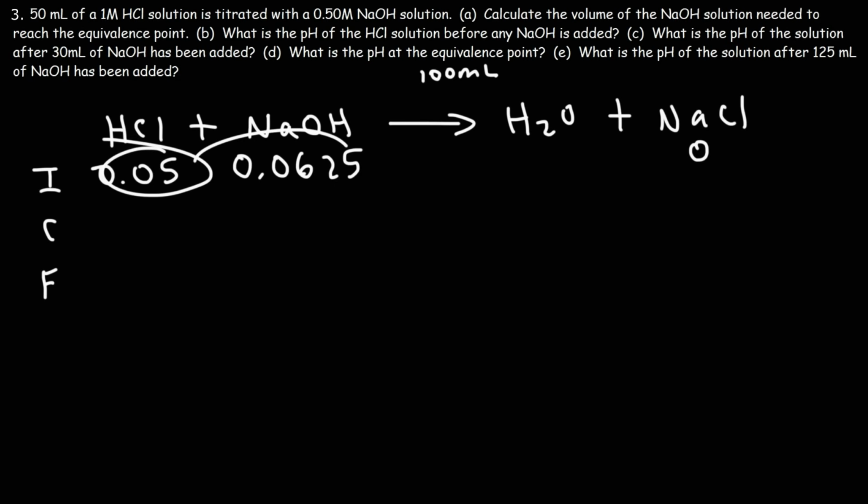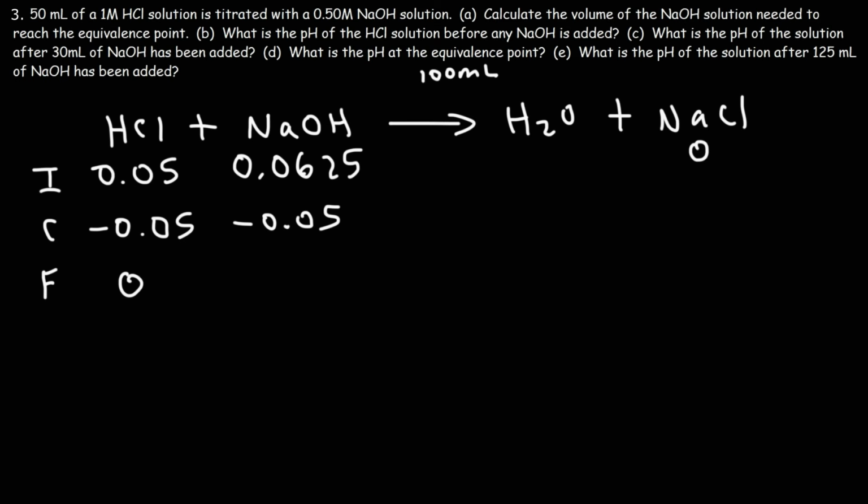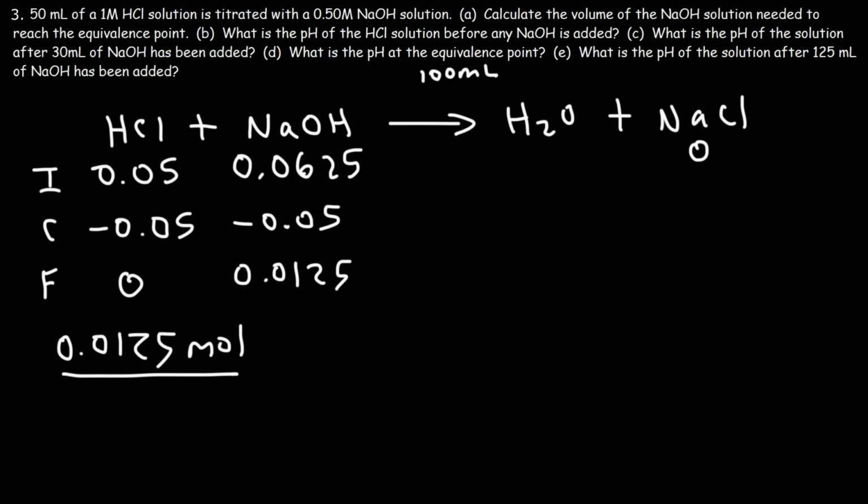The limiting reactant this time is hydrochloric acid. So we're going to subtract by the smaller of those two values. HCl is going to go to 0. NaOH is going to be 0.0125 moles after the titration. Now let's get the concentration of sodium hydroxide. So let's divide this by the total volume of the solution.